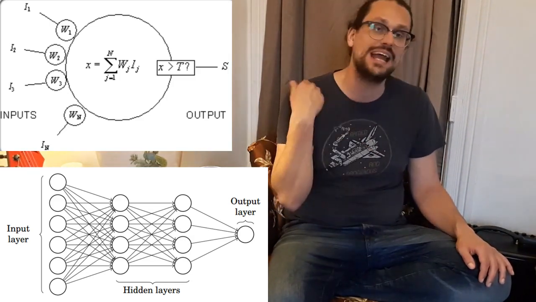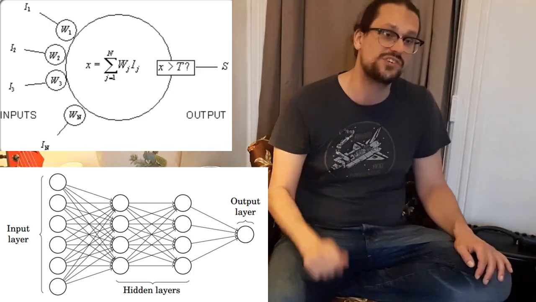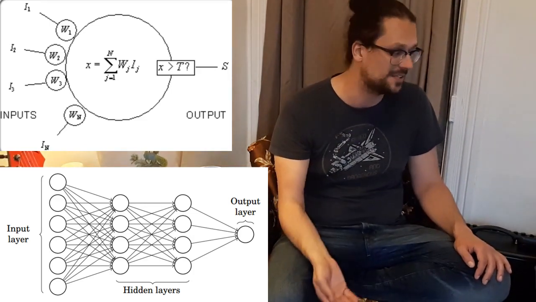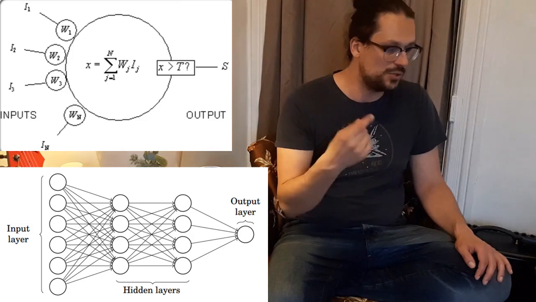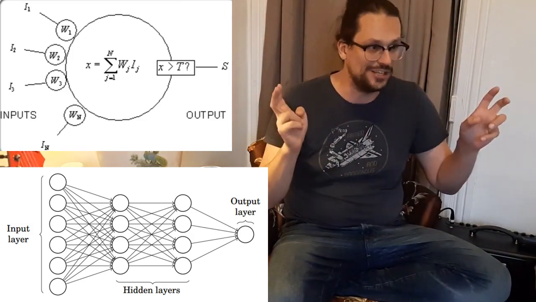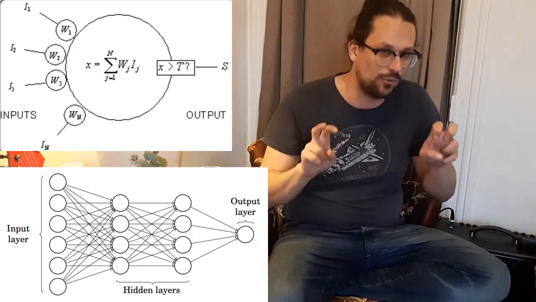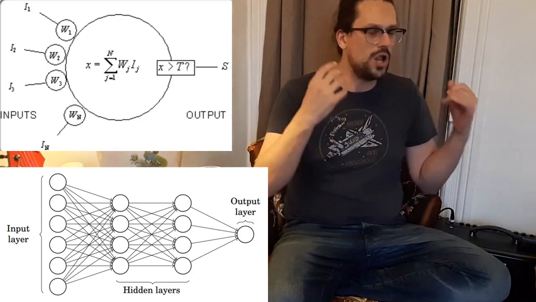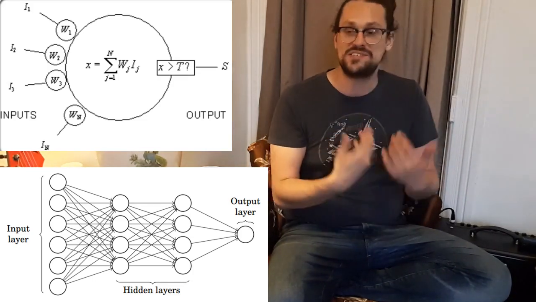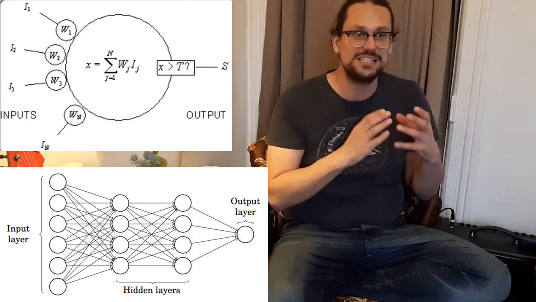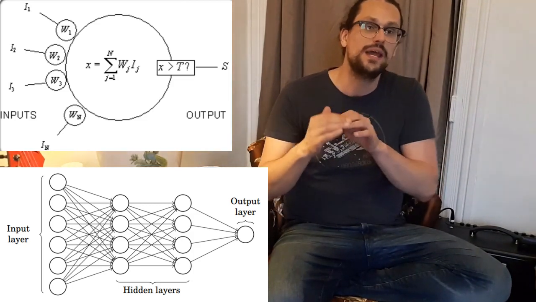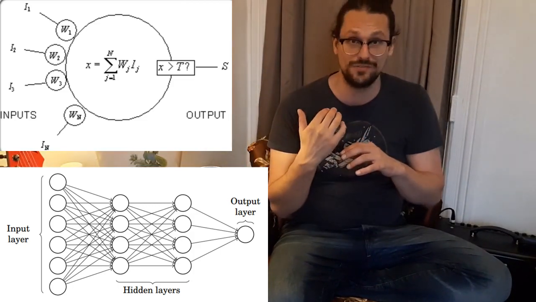So basically any signal traveling through this connection is multiplied by a weight. Then when it gets to the inside of the unit, you'll see why I'm using air quotes in a moment. All of these weighted inputs are summed, and we see if the sum of activity going into the unit meets a certain threshold of activity.